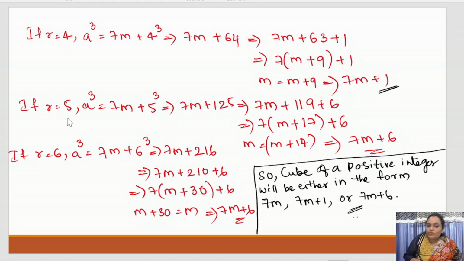If r equals 5, it is 7m plus 6. If r equals 6, it is 7m plus 6. So we can say that the cube of a positive integer will be either in the form of 7m, 7m plus 1 or 7m plus 6. Okay, clear?